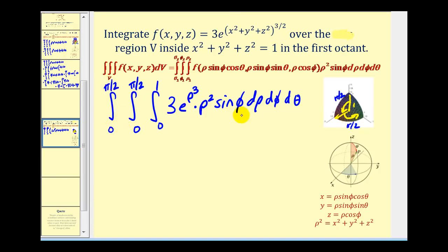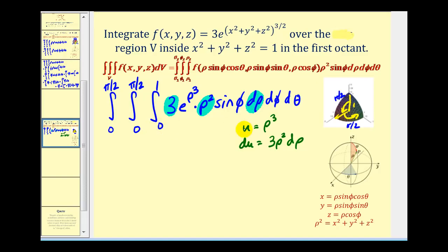Now let's integrate this. We want to first integrate this with respect to rho. Notice we have an exponent of rho cubed, and then we have a factor of rho squared. This is going to require u substitution, where u is going to be equal to rho to the third. So differential u is equal to 3 rho squared d rho. And that's actually really good news, because if we look at our integrand, we do have a factor of 3 rho squared d rho.